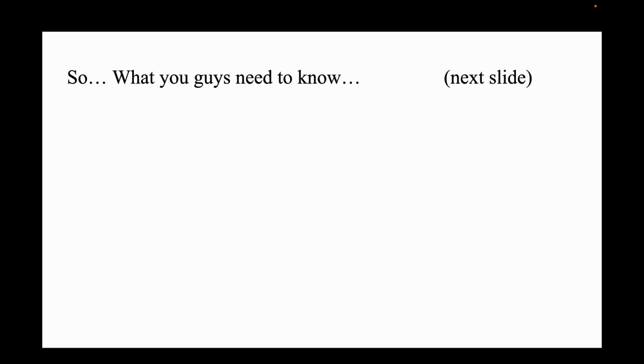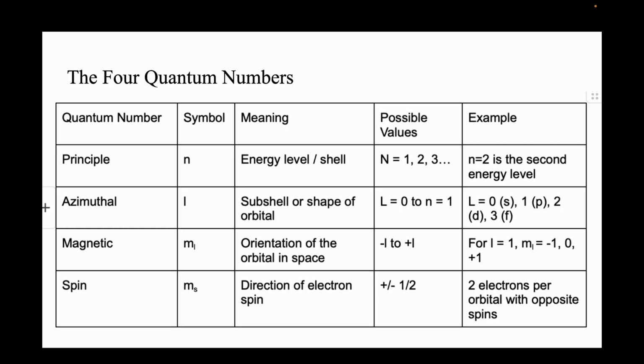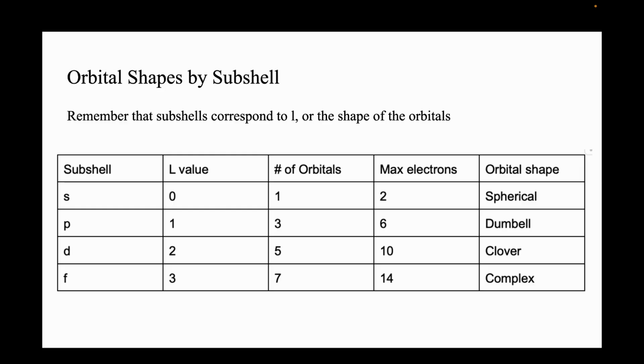So what do you guys need to know? You guys need to know about the 4 quantum numbers. I didn't discuss this as much, but it does apply to the electron configurations and what we just did. And the orbital shapes by subshell. Each subshell, again, has its own letter and its own number of orbitals. And they all have different shapes.